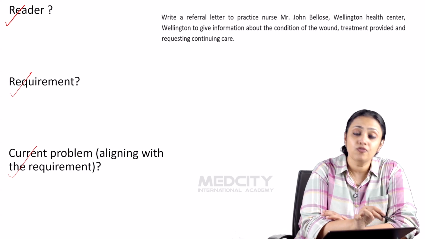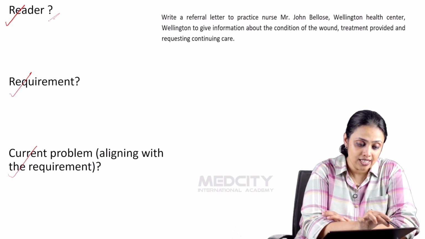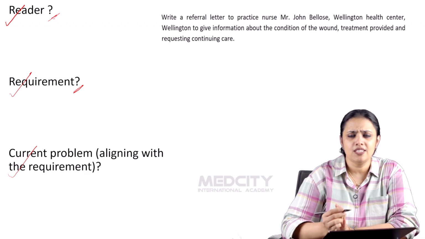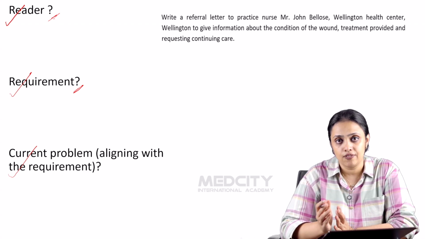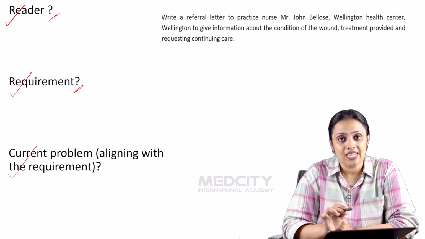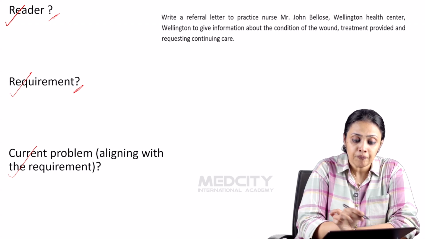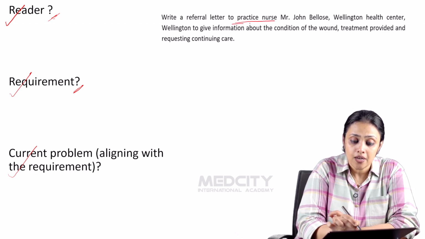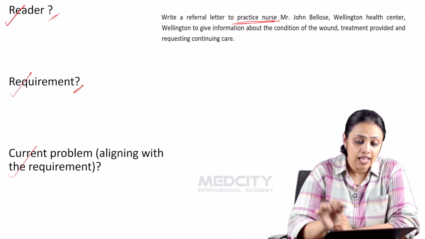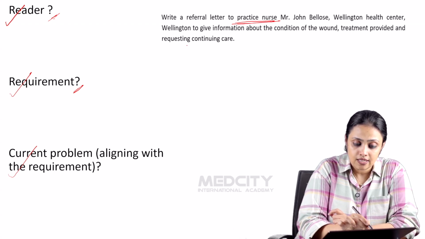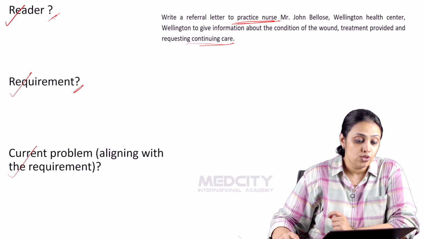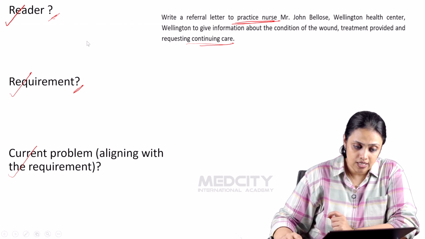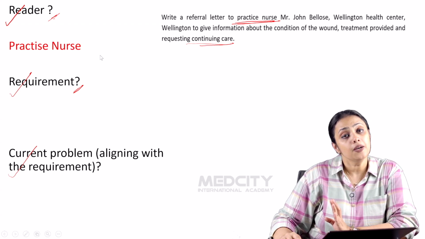The answers to the first two questions are quite straightforward. From the writing task, it is very clearly given that you have to write a letter to a practice nurse, and the requirement is continuing care. So the reader is a practice nurse.